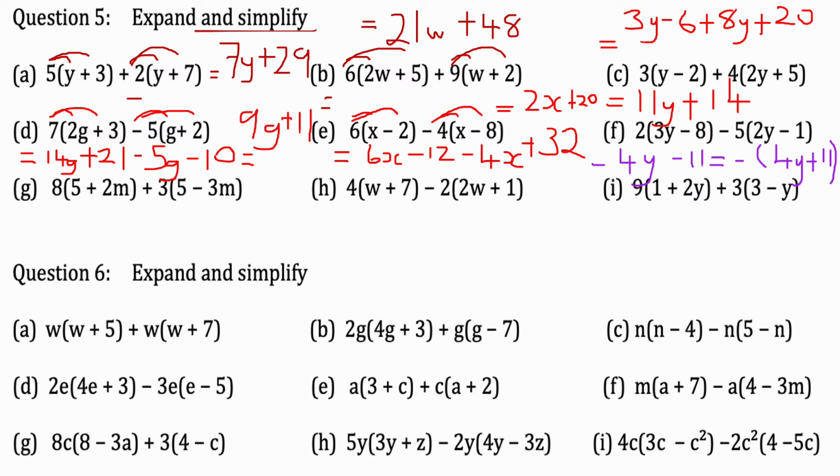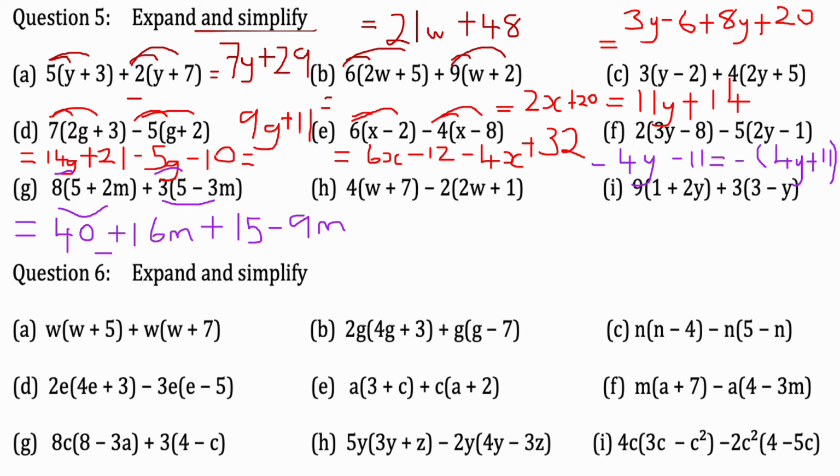Part G, expanding this set of single brackets, 8 lots of 5 is 40, and 8 lots of 2m becomes 16m. 3 lots of 5 becomes 15, and 3 lots of negative 3m becomes minus 9m.